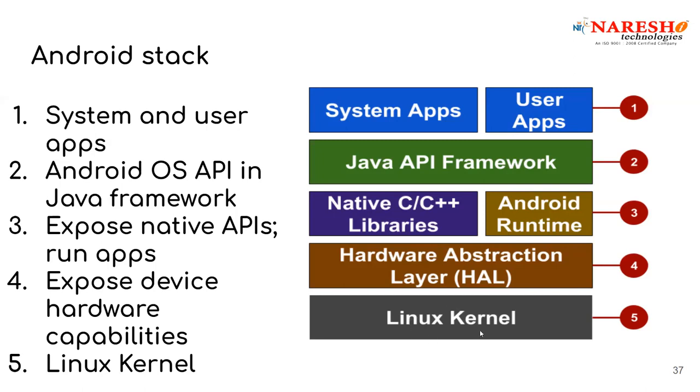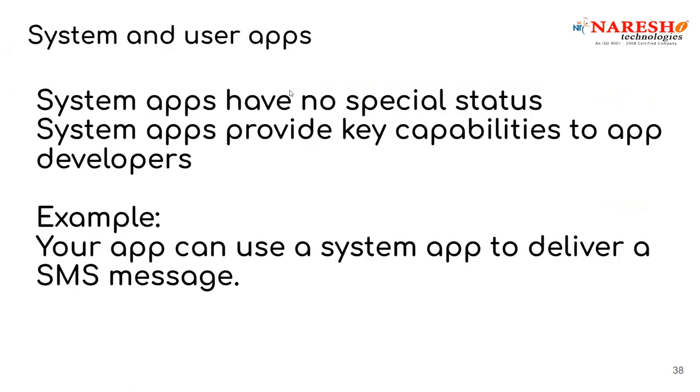All of them reside in the Linux kernel. Among all these five layers, the Java API framework is the hero of the picture, because depending on this, we will build applications, right?